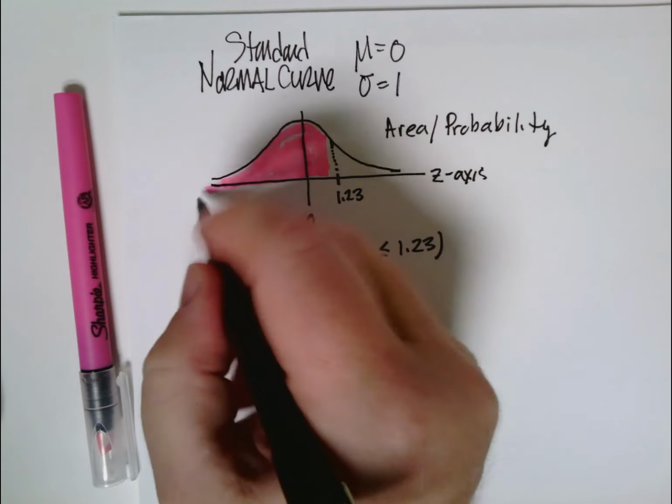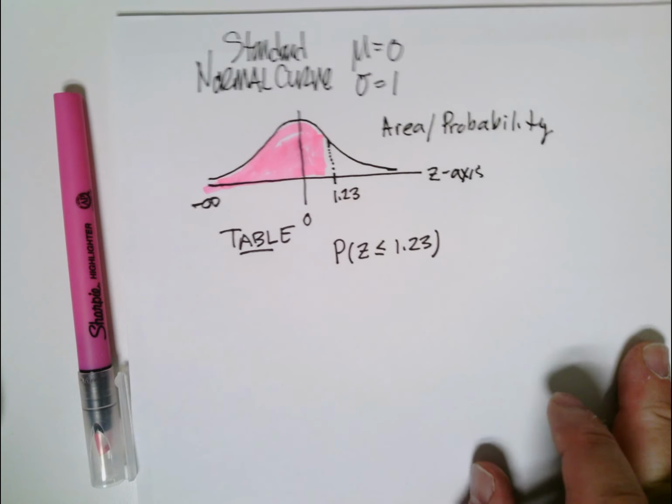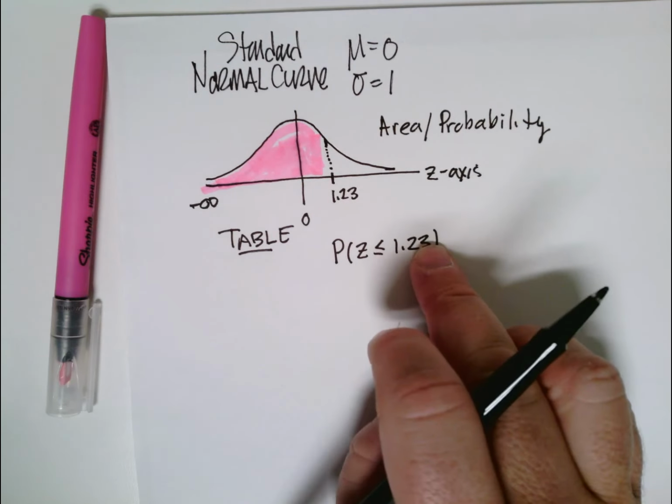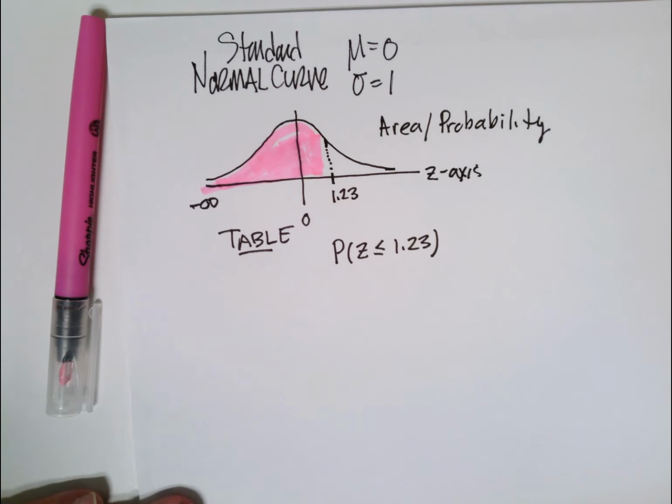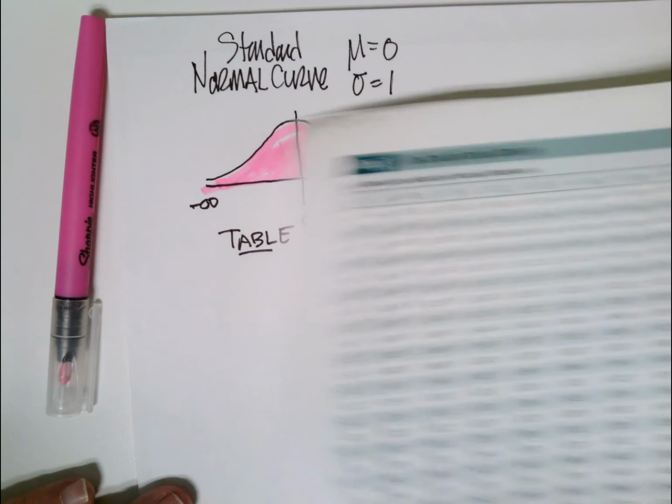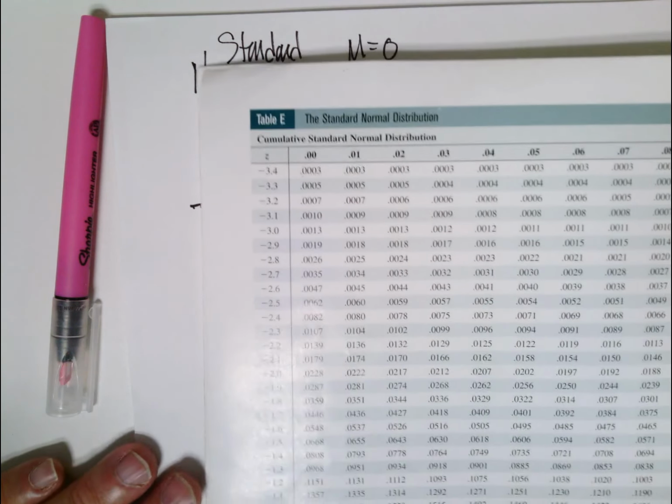So from negative infinity up to 1.23, we're going to find this on the table, and that'll tell us the area. It will also tell us the probability when that's necessary for a problem.